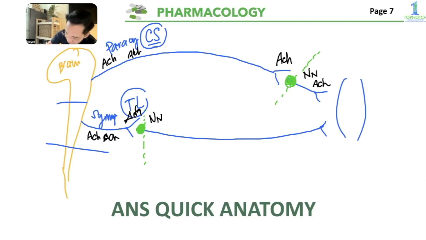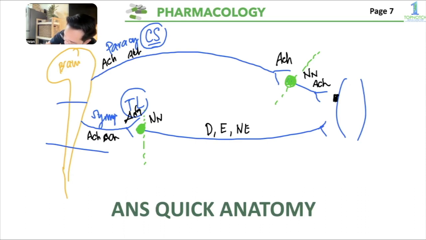Dito, ang postganglionic neurotransmitter na na-release once na-activate si nicotinic neural ay sino? Dopamine, epinephrine, and norepinephrine. Naintindihan ba? And dito sa ating parasympathetic nervous system, si ACh, mamimeet niya yung receptors niya.